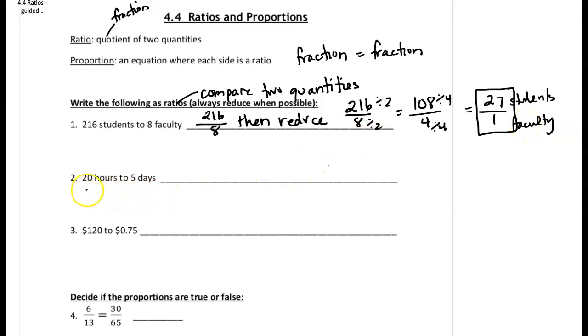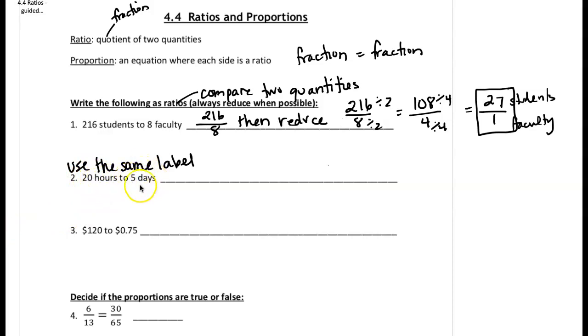The next question, 20 hours to 5 days. You want to always use the same label when you can. So we want to either convert hours into days or we want to convert days into hours. Converting hours into days, hours are smaller than a day, so that would make 20 hours become a fraction of a day, which is okay.